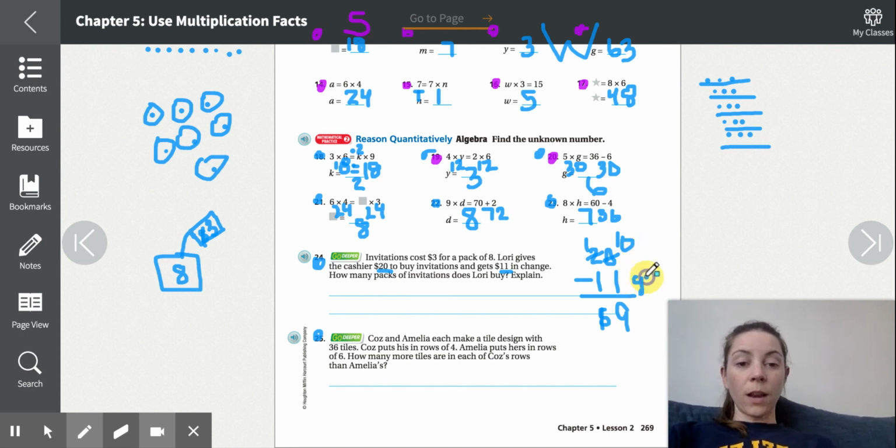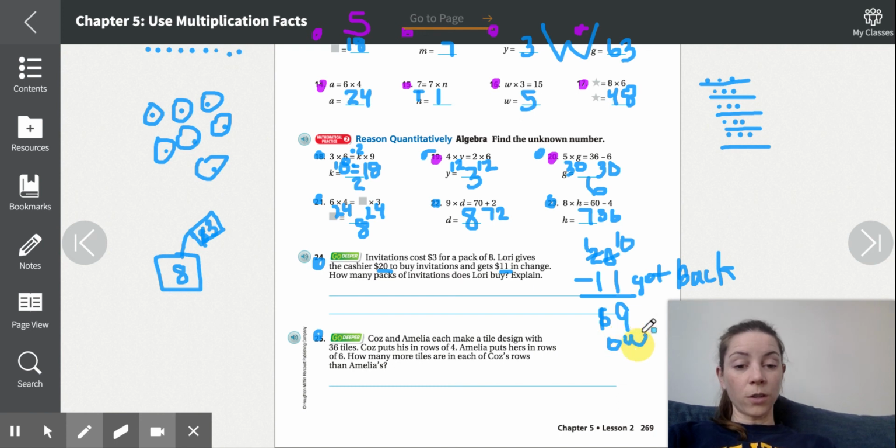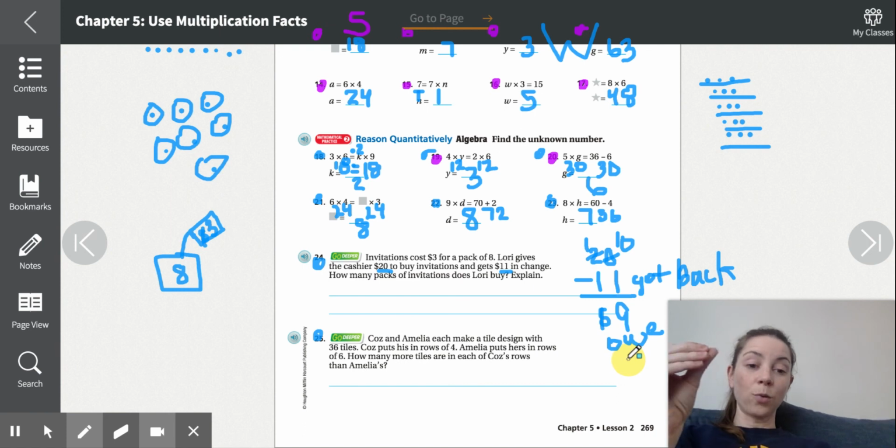So who gets the 9? The cashier, right? So if the cashier kept 9, that's how much Lori actually owed. $9 is how much she owed or how much she spent, either way. Okay, so she's spending $9 at the store because that's how much the cashier kept. That means that's how much she needed to actually spend.